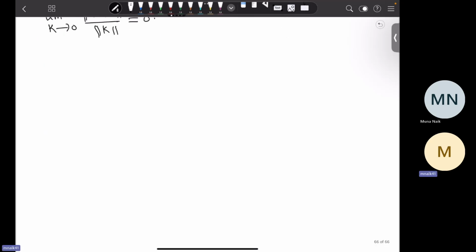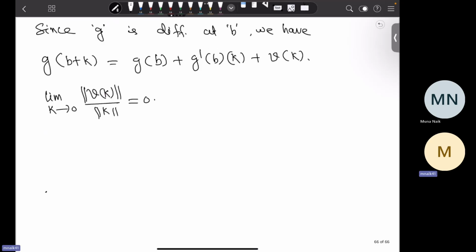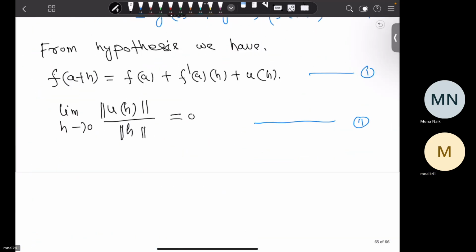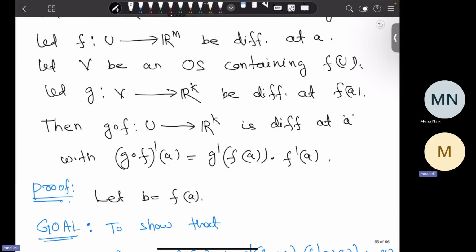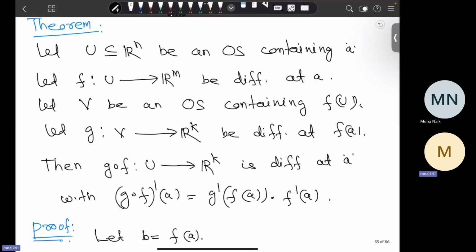Now, K is an element of R^m by definition. This G is defined on a subset of R^m, B is a subset of R^m, an open set in R^m containing it.